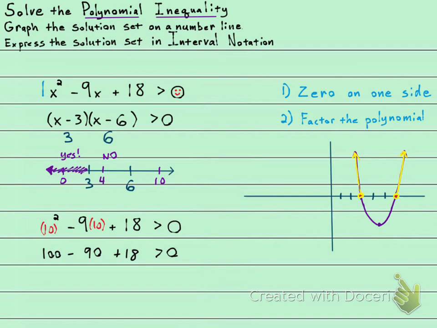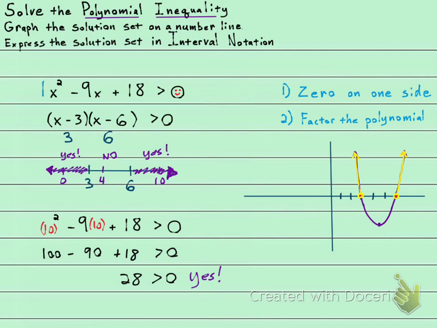That's going to give me 28. Is 28 greater than 0? Yes, it is. Okay, so this test point is included in the solution, and everything else in this interval is also included in the solution. So I'm going to shade it here.